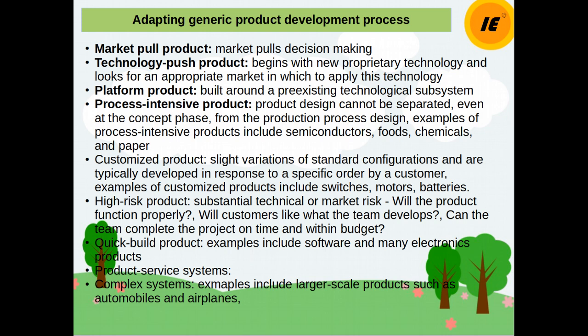So the generic process is most like the process used in a market pull situation. A firm begins product development with a market opportunity and then uses whatever available technologies are required to satisfy market needs. So that means basically the market pulls the development decision.